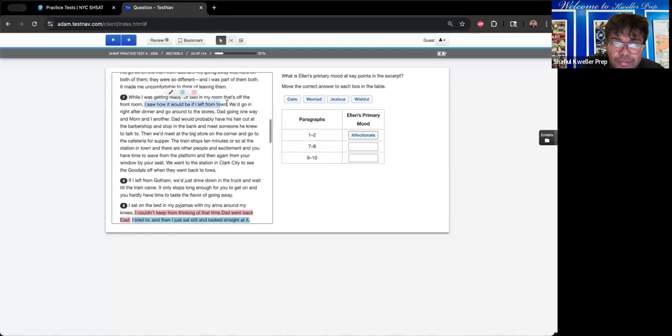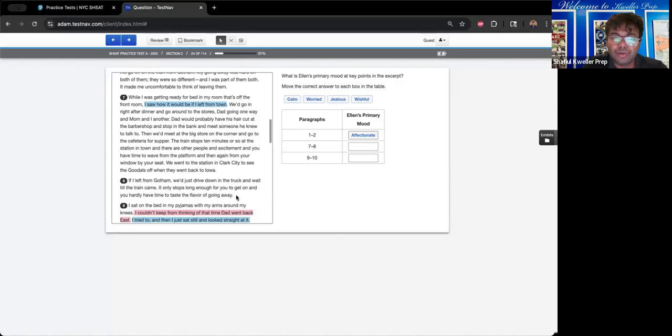"I saw how it would be if I left from town." So she imagined this whole moment, exactly everything that's happening. If she's imagining all these things, and then in paragraph 8, she also mentions that if I left from Gotham, we just drive down in the truck and wait.